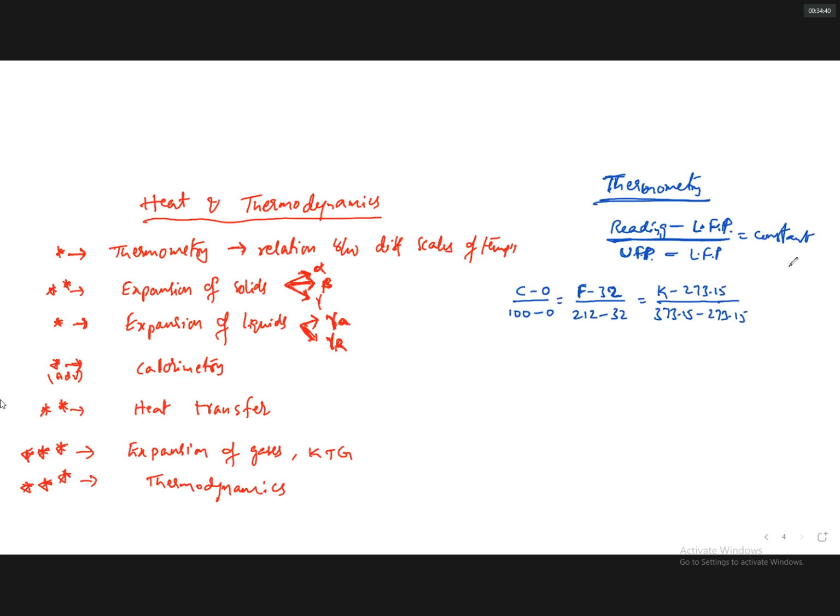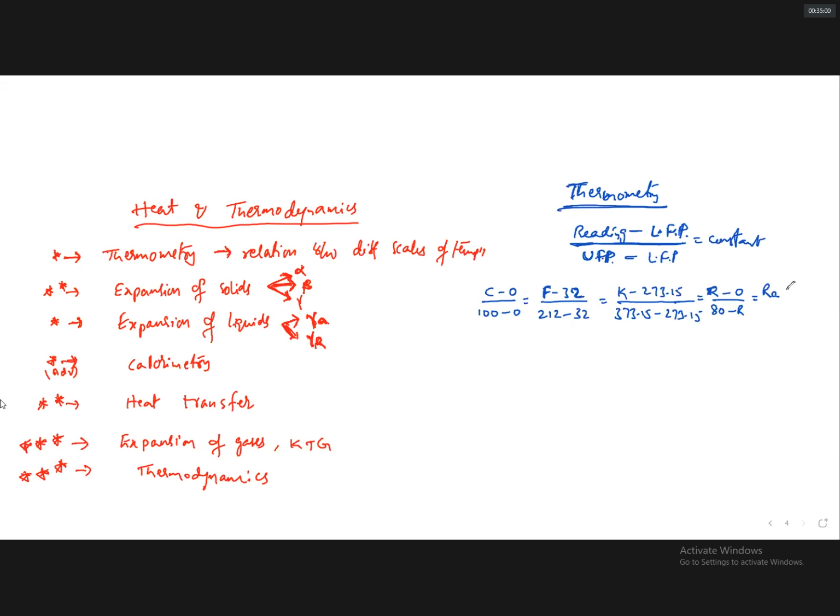And we have the Reamer and Rankine scales. In Reamer we have 0 degrees and 80 degrees as the lower and upper fixed points. Usually these Reamer and Rankine scales are not asked. For Rankine, we get R minus 492 divided by 672 minus 492.